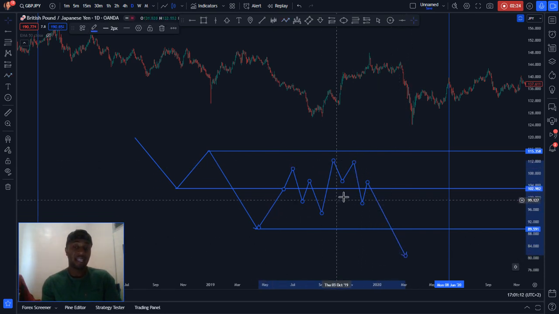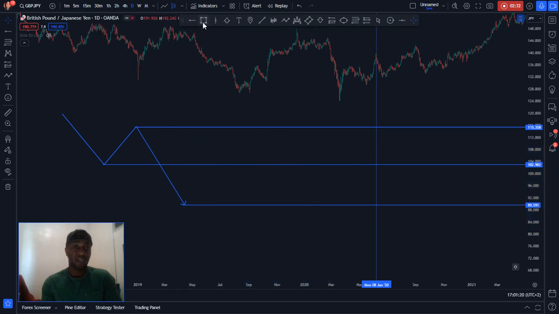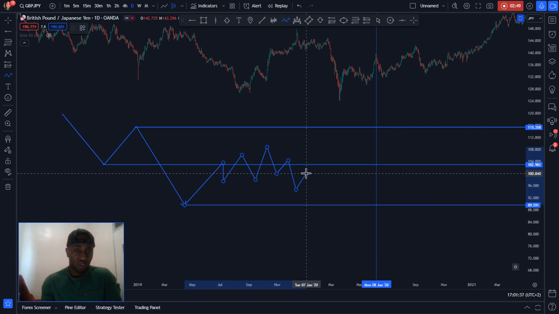So anything that is still within this structure, you do not have to confuse yourself with, because it's very rare that you would find a clear picture like this and go down. It's very rare. So if you find that the market starts consolidating in between, do not stress yourself.